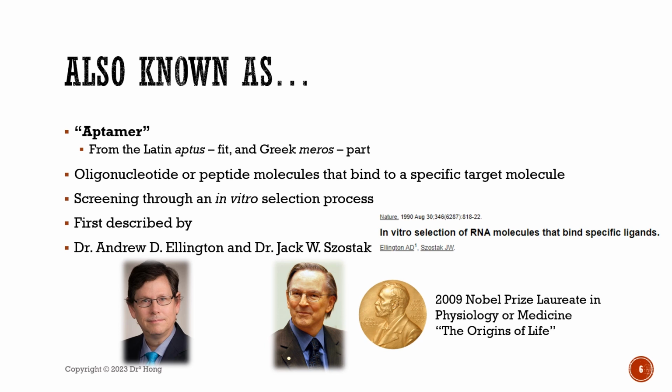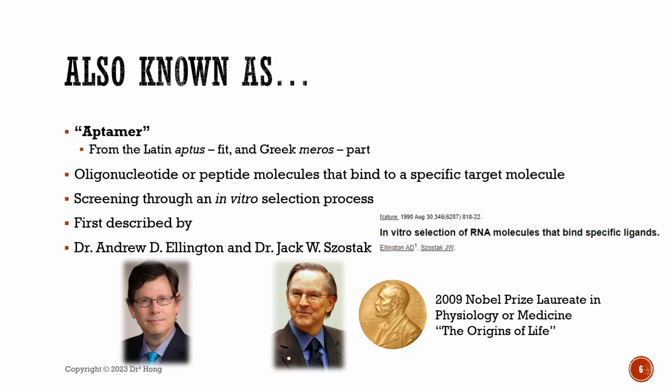Now this term aptamer is put together from a Latin word, aptus, meaning fit, and a Greek word, meros, meaning part. So aptamers means a fitting part. They can be oligonucleotides, and sometimes small peptides can also be categorized as aptamers. And by definition, they can bind to a specific target molecule with high affinity and specificity.